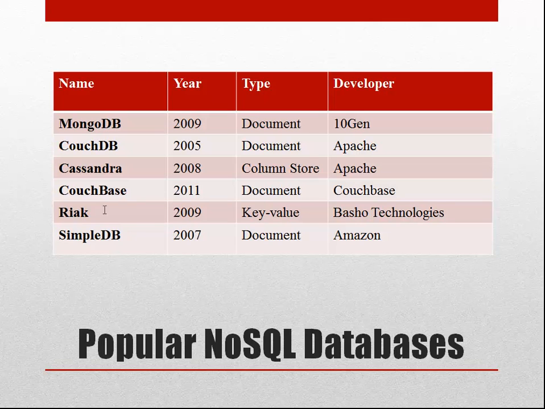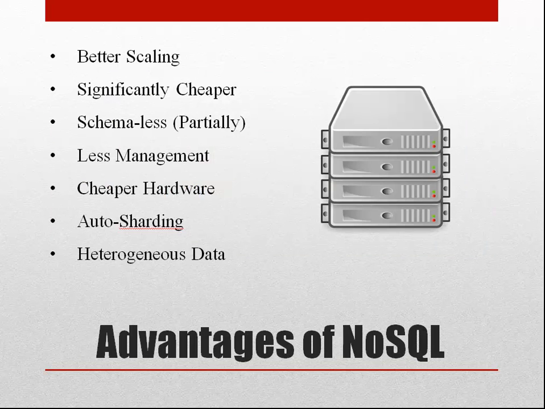We also have Couchbase, not to be confused with CouchDB, which was released in 2011. Riak is a key value type of NoSQL database, and of course Amazon built SimpleDB back in 2007, which is a document database.